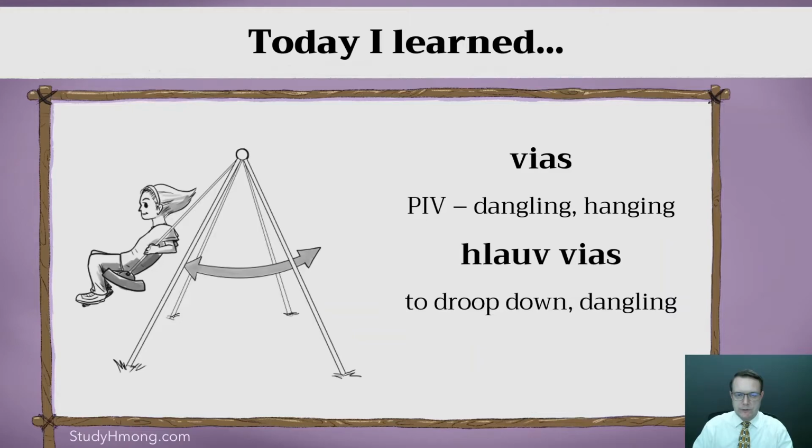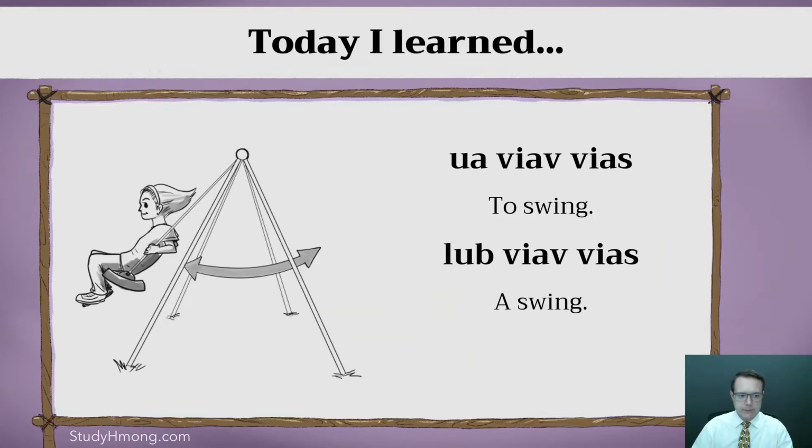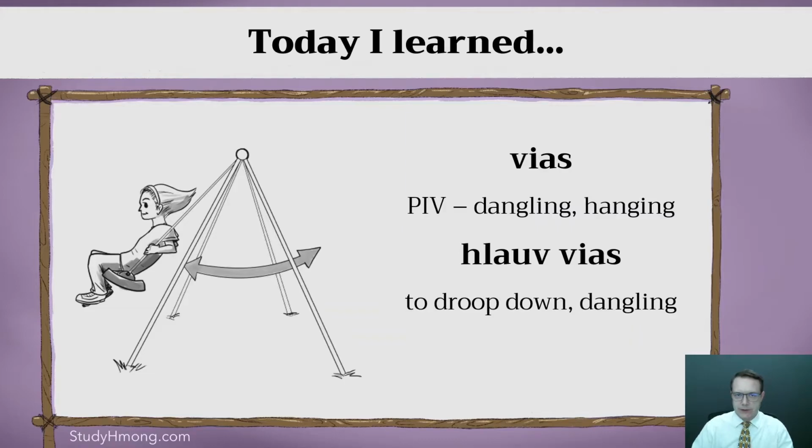So we can use it with via. So just like we saw before, via via, right? And that means to swing, like we see in the picture. But we can use it with other verbs as well. So for example, the word lao means to fall or droop down. And then when you add via, it gives a more intense idea of something that has just dropped down and is dangling.